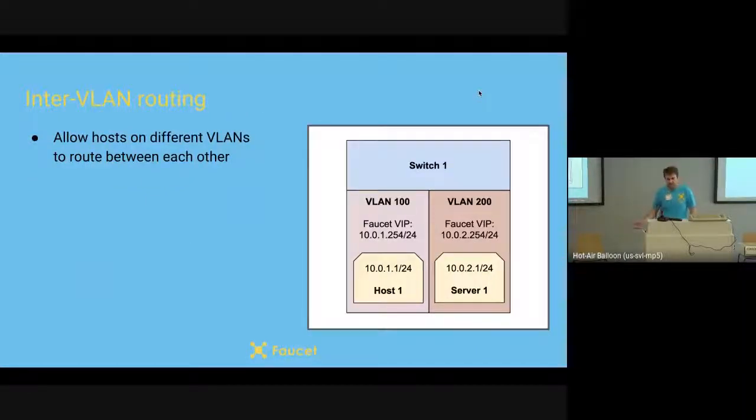Okay, so this goes back to the question I had yesterday evening. Inter-VLAN routing. How it works before stacking is you have a single switch, you have multiple VLANs on that switch in different networks. You give Faucet some VIPs, you put your hosts in different subnets, and you say, I want these VLANs to be able to route, and Faucet allows them to route.